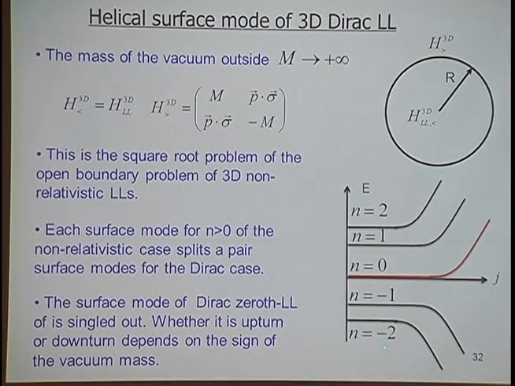For all the Landau levels other than the zeroth Landau level, we can take the positive square root and negative square root. And the zeroth Landau level is special. The boundary spectrum, whether it turns upward or downward, is determined by the sign of the vacuum mass. In our convention, for the lowest Landau wave function only the upper component is non-zero, so it follows the mass. If this mass is positive, we will go upward.